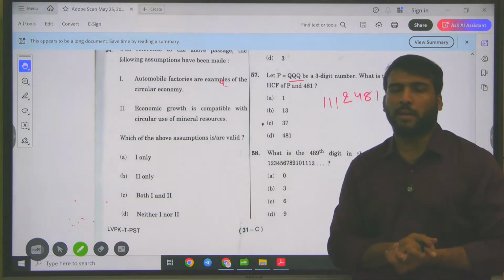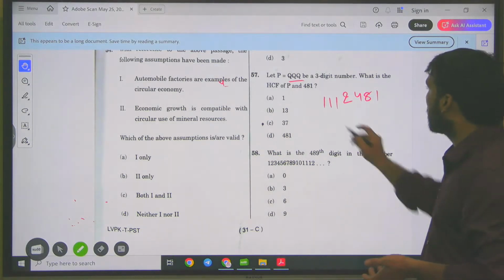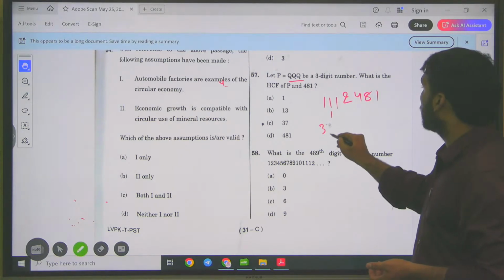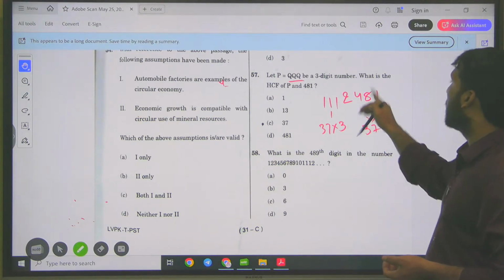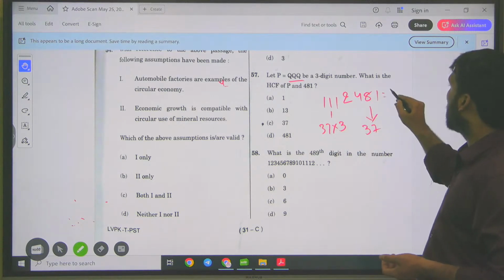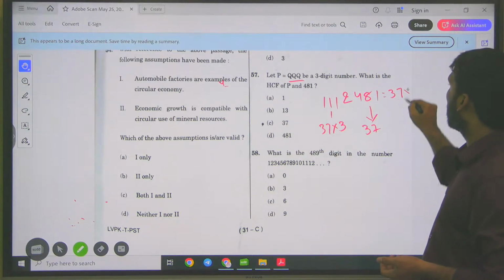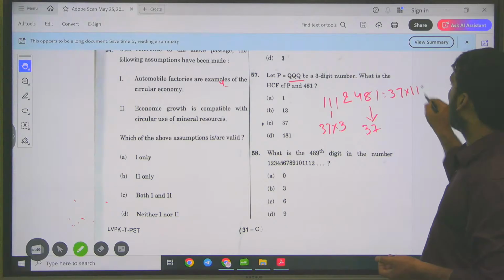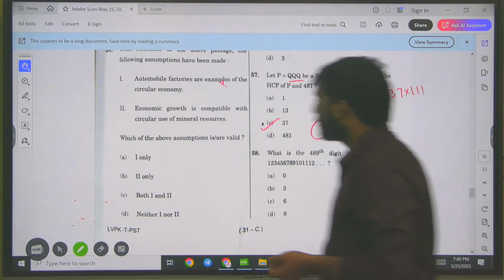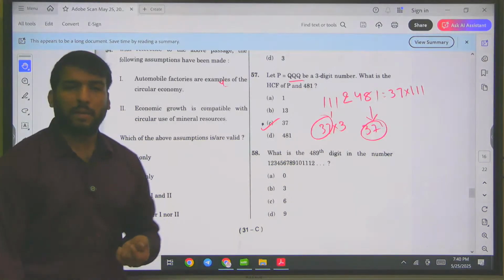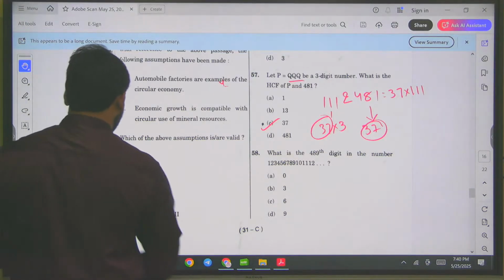Either you can do it by the subtraction method, or normally 111 can be written as 37 into 3, and 481 is also a multiple of 37, because I can write it as 37 into 13. So the highest common factor will be 37.